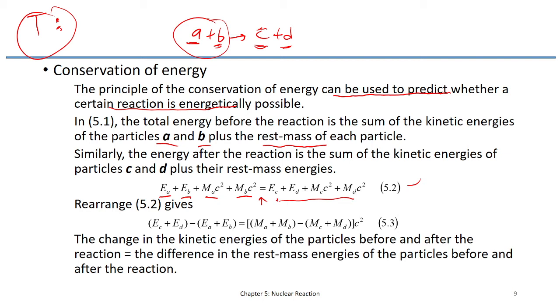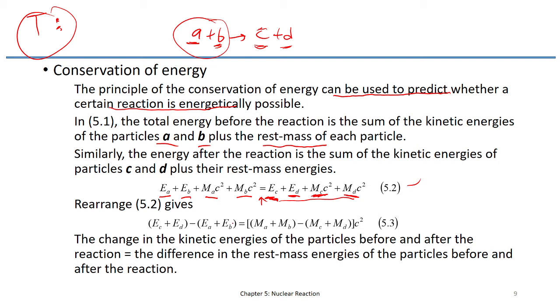So this is the kinetic energy of particle C, kinetic energy of particle D, rest mass energy of particle C, it doesn't necessarily have to be a particle, C could be a nucleus, and the mass energy of particle D.